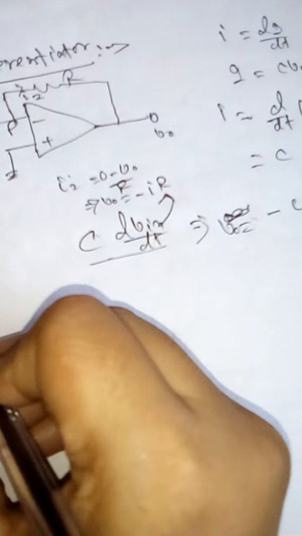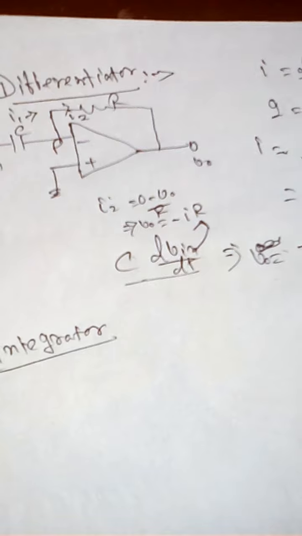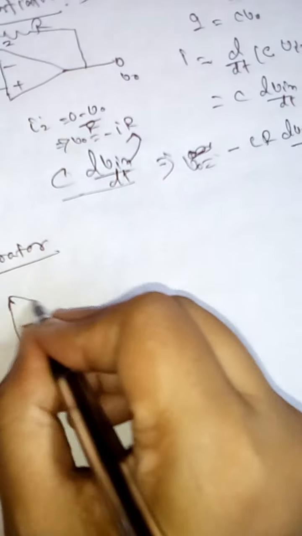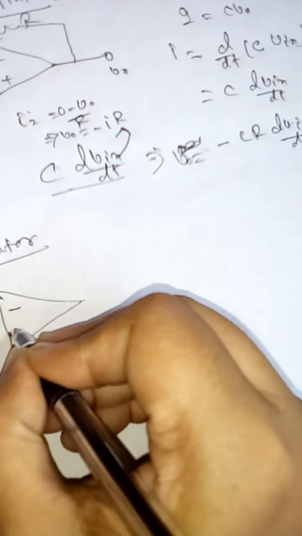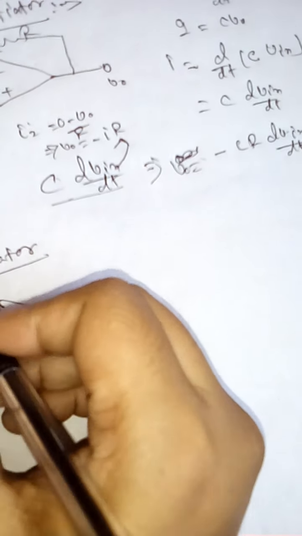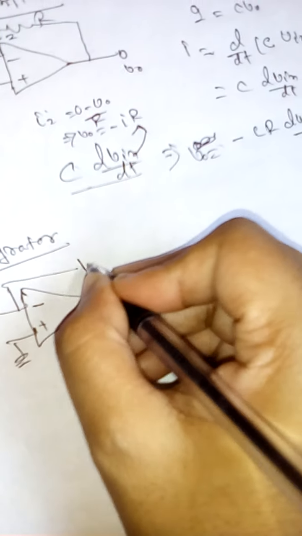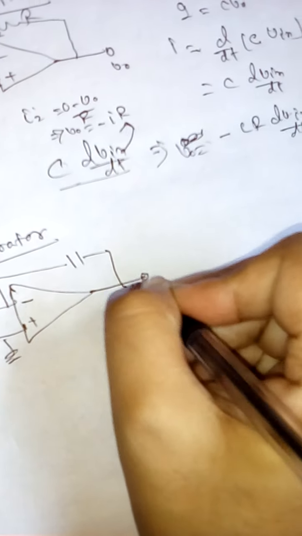Then if we take the integrator, what do we see in the integrator? It is opposite to the previous one: here there is a capacitor in the feedback, and this is the output voltage.